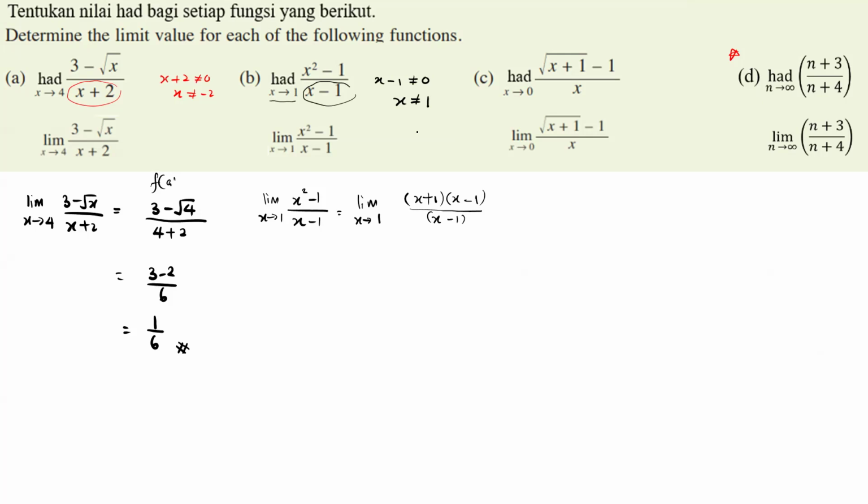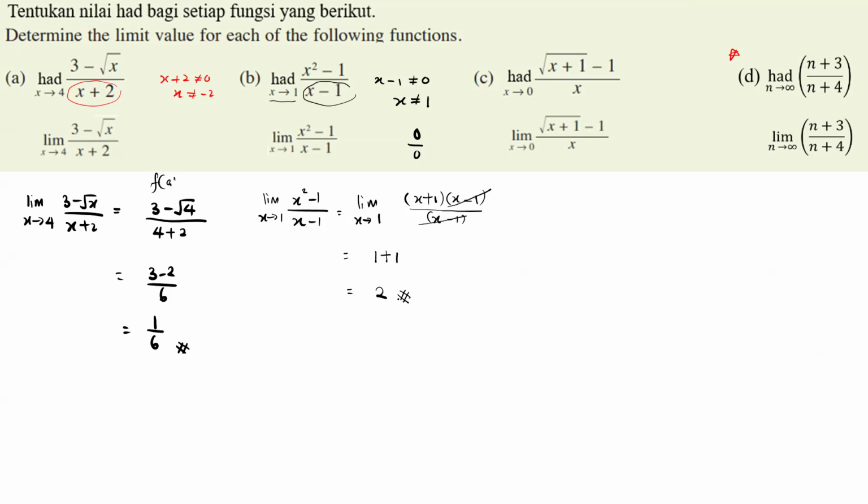When you have 0 over 0, there are two ways. One is you factorize, another one is you introduce the conjugate so that we can rationalize the denominator. So the x minus 1, the whole bracket can be simplified. What is left behind is x plus 1. So now you can safely put 1 into the x. So the answer is 2.